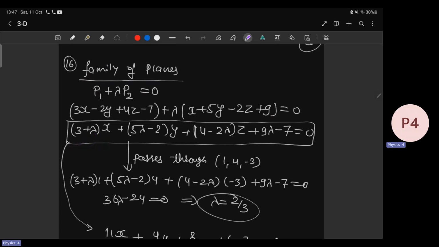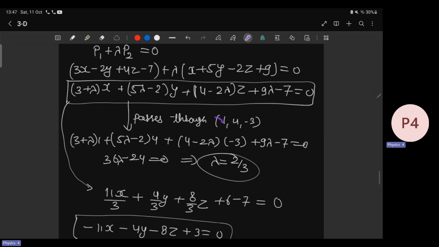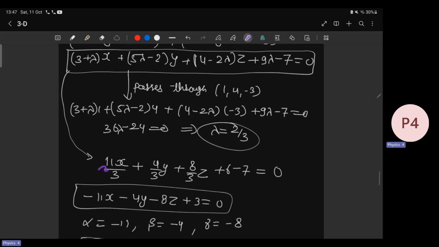They are further saying that this plane passes through the point 1 comma 4 comma minus 3. So just satisfy this point in this plane. Here we got the equation, that is 36 lambda minus 24 equals 0. On further solving, we got lambda equals 2 by 3. If we put the value of lambda in this equation, we got 11x by 3 plus 4 by 3 y plus 8 by 3 z minus 1 equal to 0.